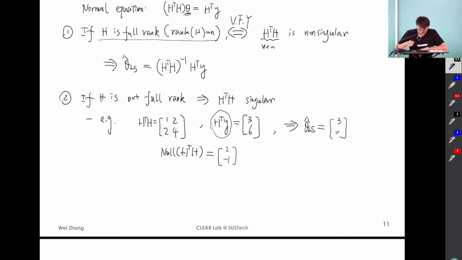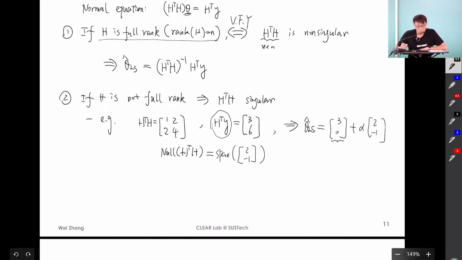The null space is the span of [2, -1]. So this is one solution, plus all the possible null space solutions, alpha times this. Those will be all your solutions, infinitely many, and the solutions form a line in this case.